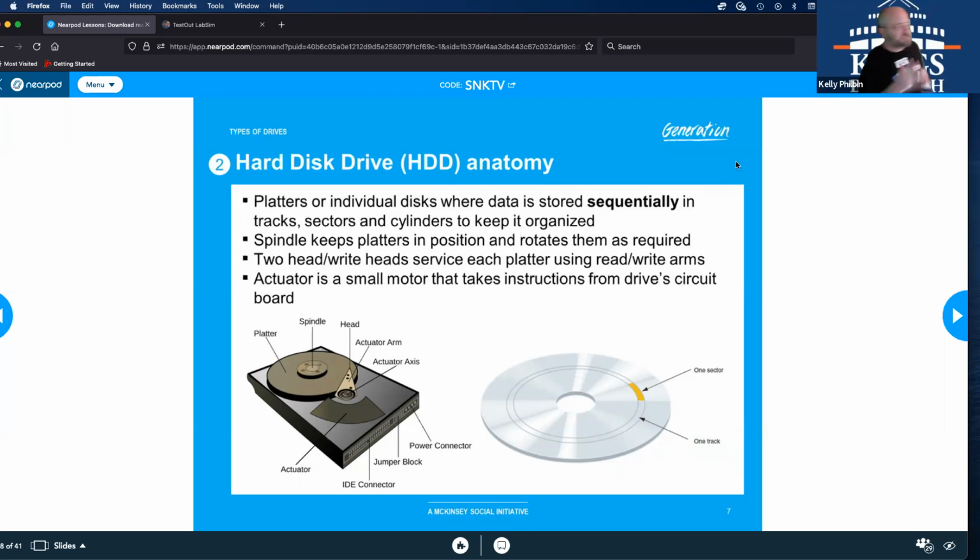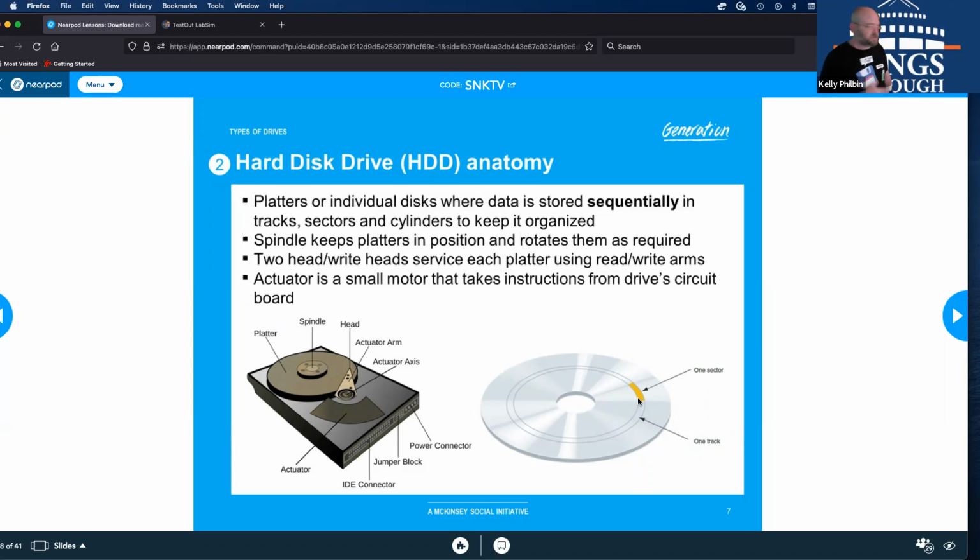All right, data is stored sequentially in tracks, which are like the lines that go around the drive itself. And each data block is called a sector. Later on, we'll get into defragmentation and why you have to do that and what causes that.